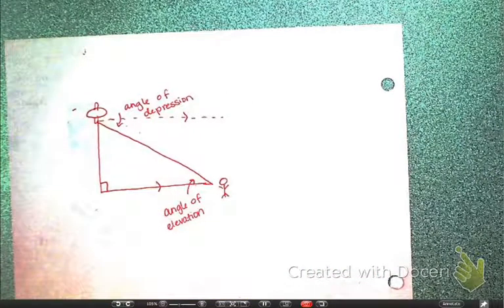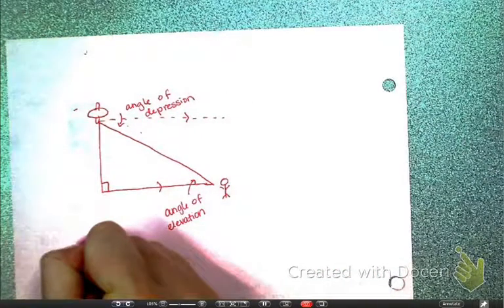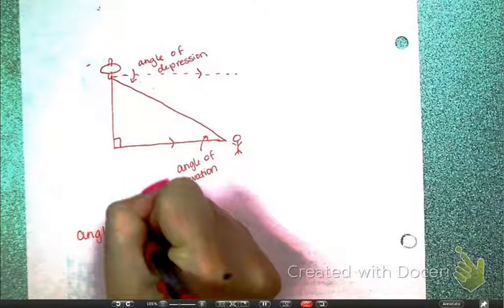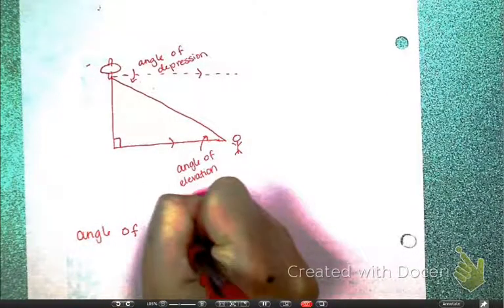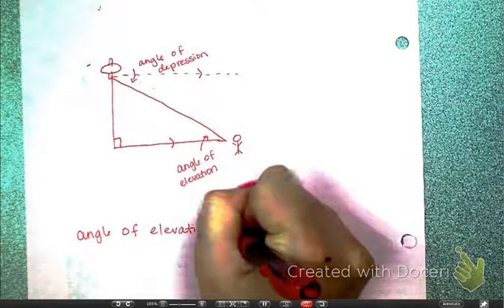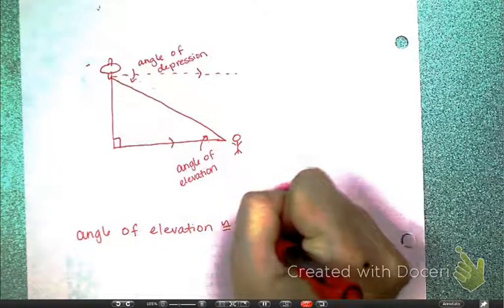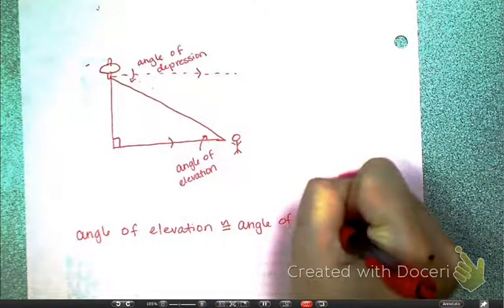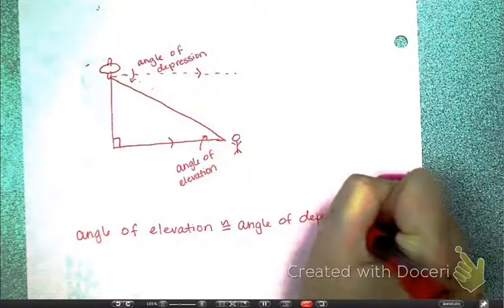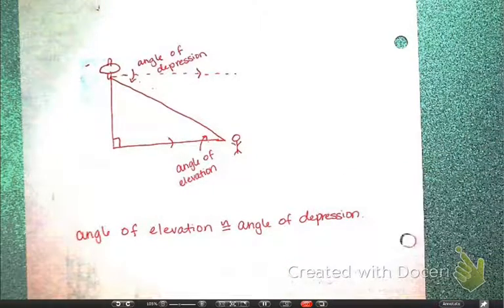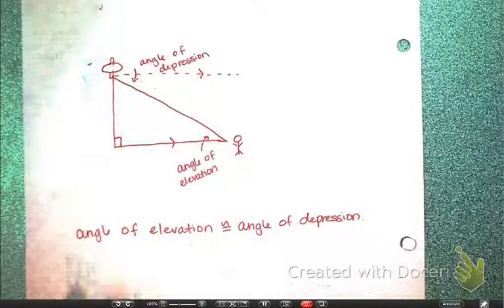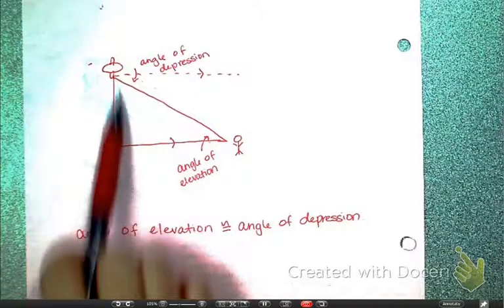Do you see that? So the angle of elevation is going to be congruent to the angle of depression. That is going to be helpful for you in some of these problems. Here's why it's helpful. In this case, here's my triangle, right?